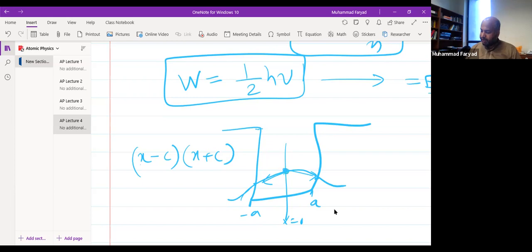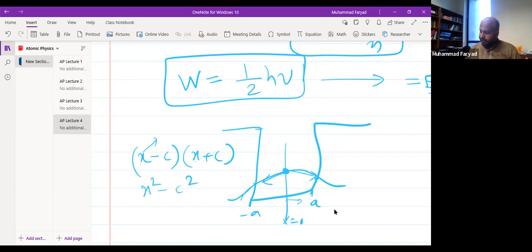So it is somewhere here, which means first of all that my c has to have some iota in it, but that's okay. And as we increase the value of x, this number increases, and this number increases. So this probably may not work. For this will become x square minus c square.